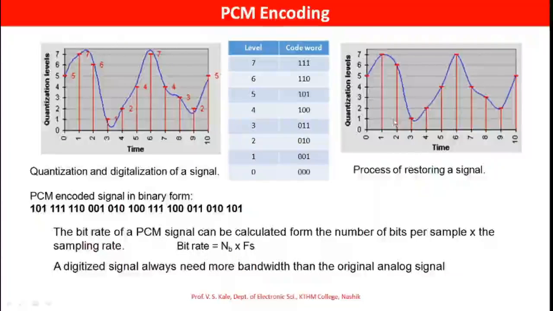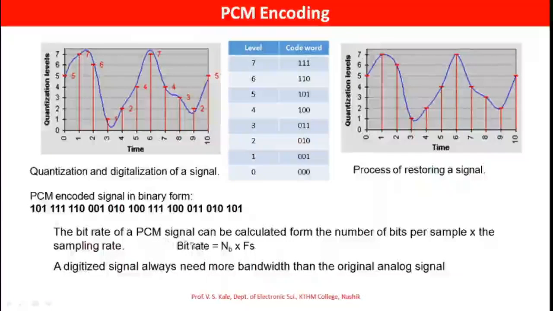The same is reconstructed, restored at the receiver, again shown here. There are small errors between the original and the reconstructed signal. These bits are transmitted. Every sample point is represented with binary bits.